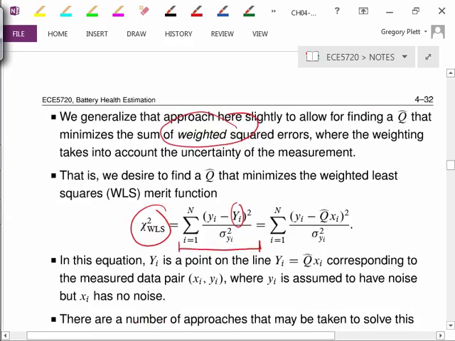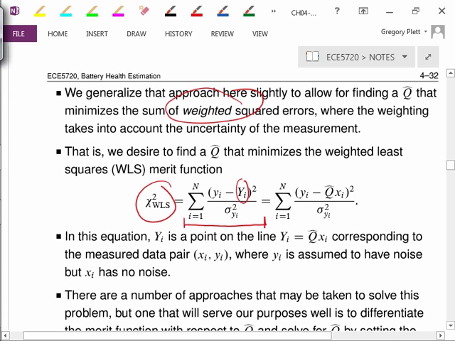So the cost is the distance squared between the measurement and the line that we are fitting based on the measurements. And so we're taking that distance, we're squaring it. That's pretty common to do in optimization. We would usually like positive errors and negative errors to be treated the same way, and squaring accomplishes that.